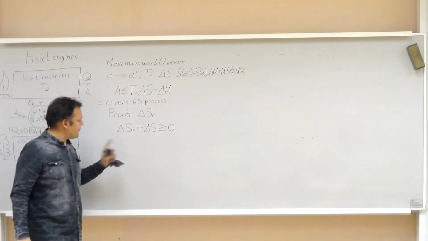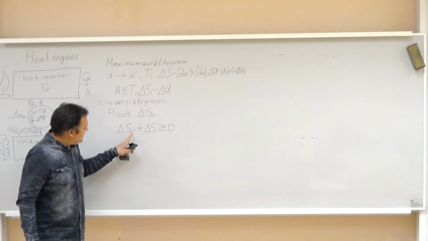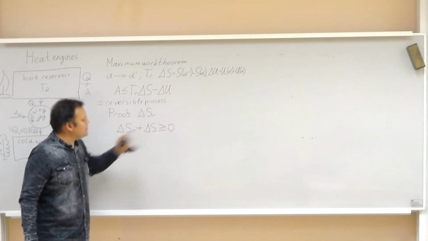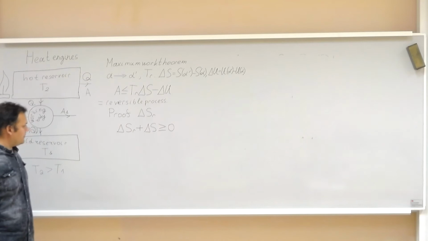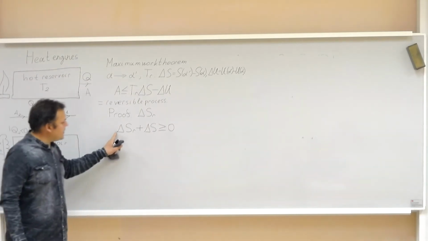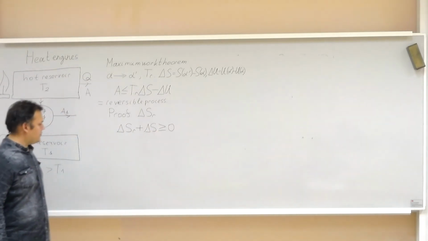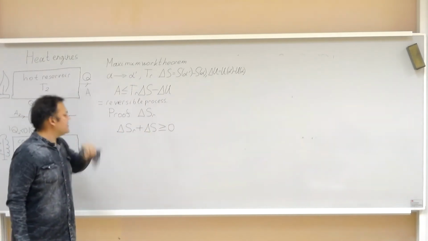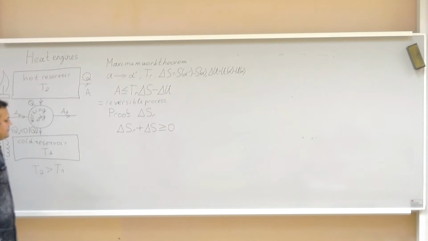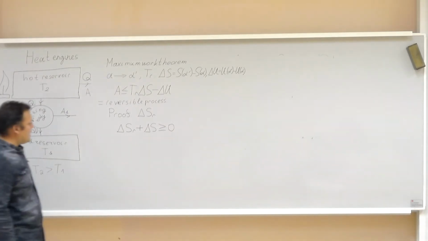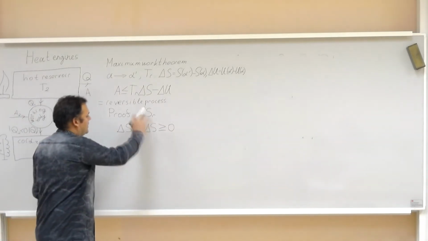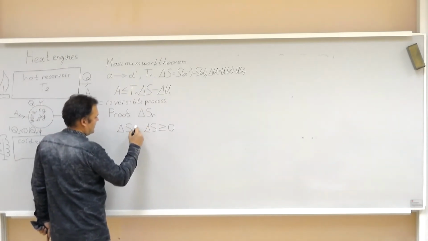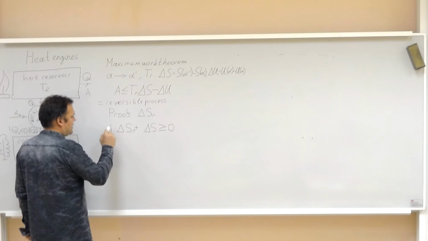And here equality takes place only in a reversible process. We know that the entropy does not change in a reversible process, while if the entropy increases, we have an irreversible process. And now we can multiply the left and right hand side by T sub R.